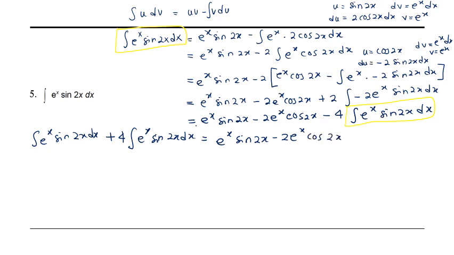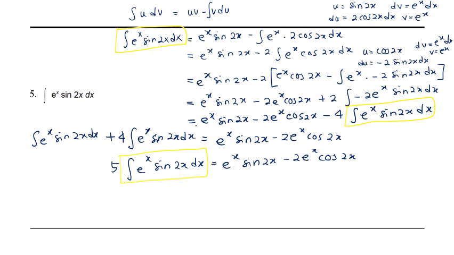Okay. Alright. So ni jadi apa? Belah left hand side ni, 1 tambah 4 jadi 5. So that 5 integrate eksponen x sin 2x dx sama dengan eksponen x sin 2x minus 2 eksponen x cos 2x. So, soalan hanyalah nak yang ni je.